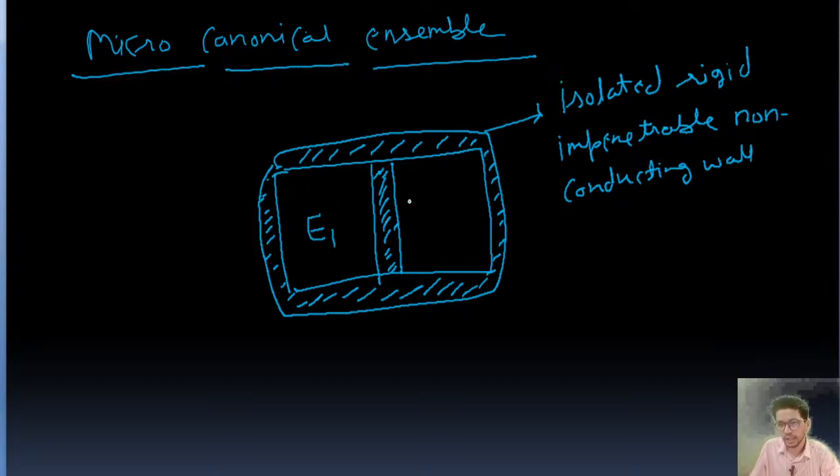So there is energy transferred from here to here. Okay, so this is E1 and this is E2. So energy can transfer.